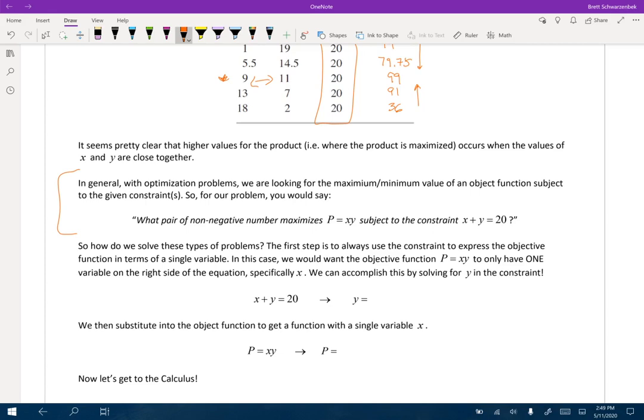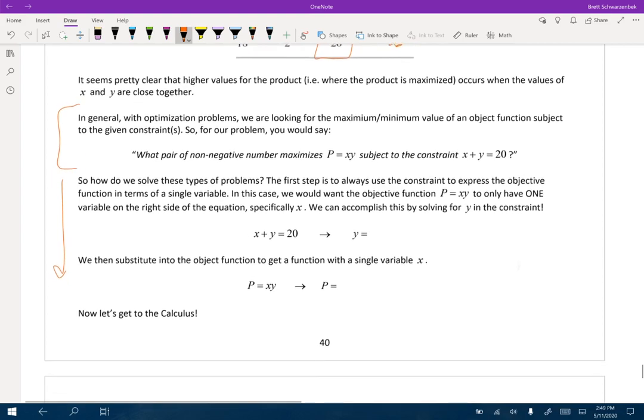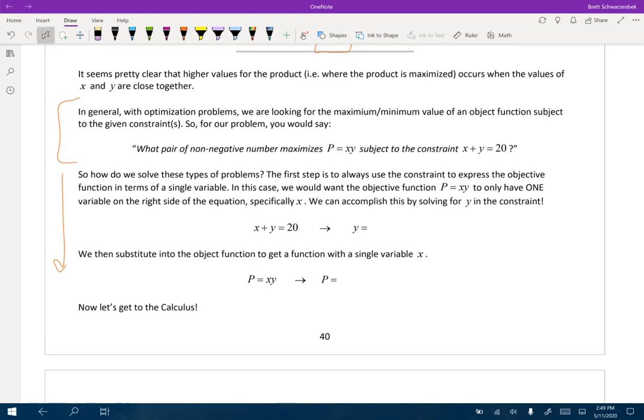So let's start to bring it towards what we would have to do in an example in terms of algebra and pre-calculus. Okay, so how do we solve these problems? Right here. It says the first step is to always use the constraint to express the objective function in terms of a single variable. Okay, so here's your objective function.